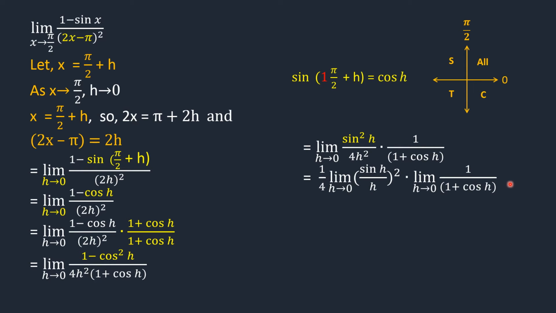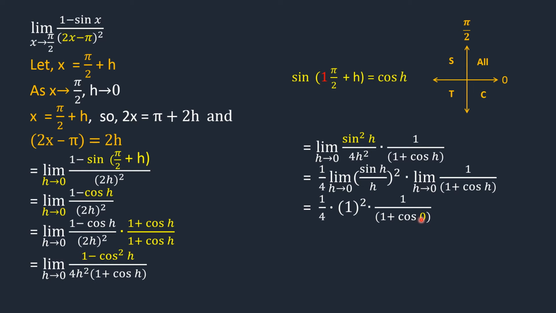Now we know that the limit of this part is 1 squared, and in this limit we will put h equals 0, because we know that as h approaches 0, h is not equal to 0. So therefore in the next step we will get 1 over 1 plus cos 0.